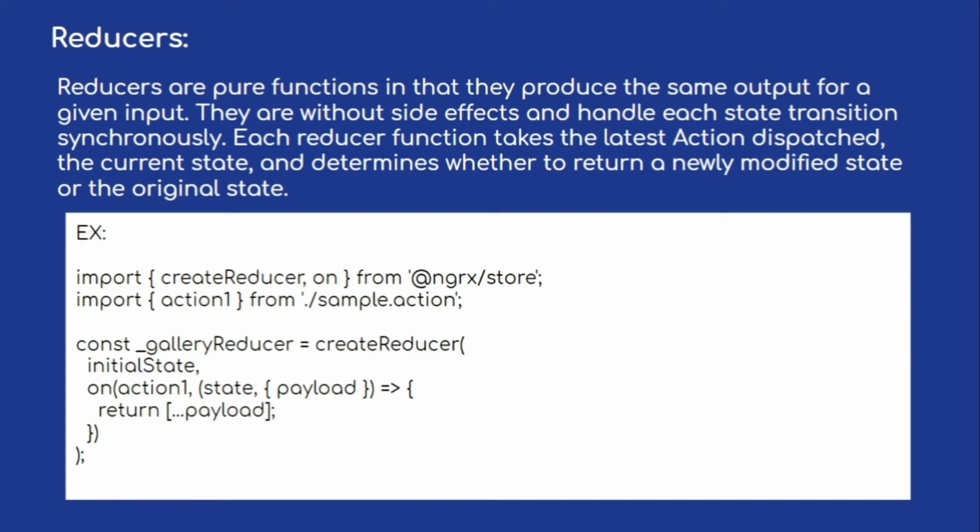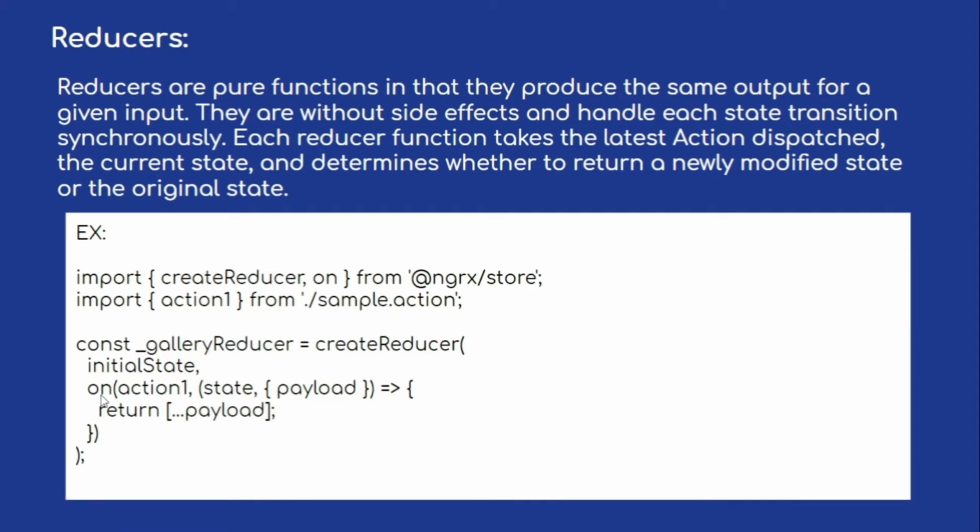If our state returns a collection, we will return an empty collection. That is the initial state, so we can avoid those issues. That is the reason we need to maintain the initial state as the first parameter.